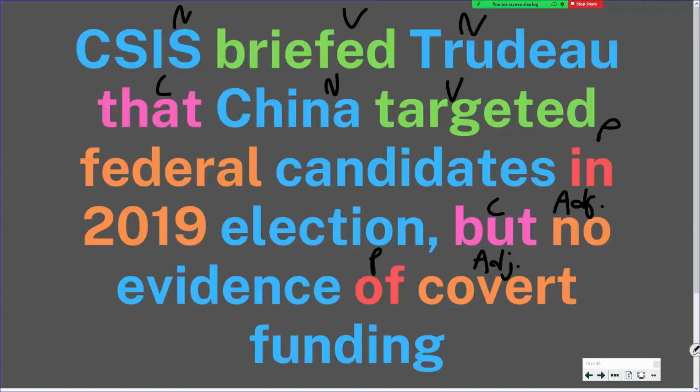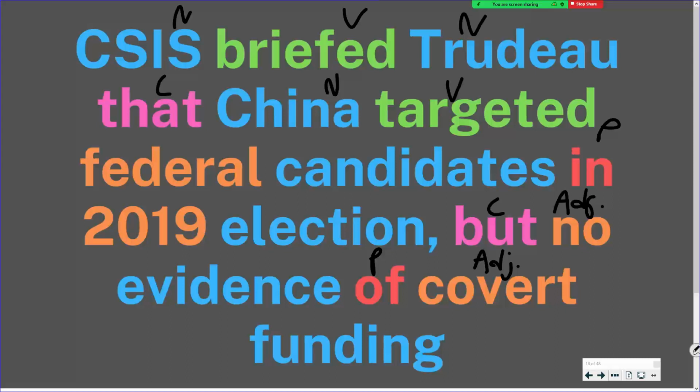CSIS, of course, stands for the Canadian Security Intelligence Service. In America, you have the FBI, which is responsible for domestic threats, threats that happen inside the country. And then you have the CIA, which is responsible for threats that come to America from abroad, from other countries. In Canada, we have a combined agency.